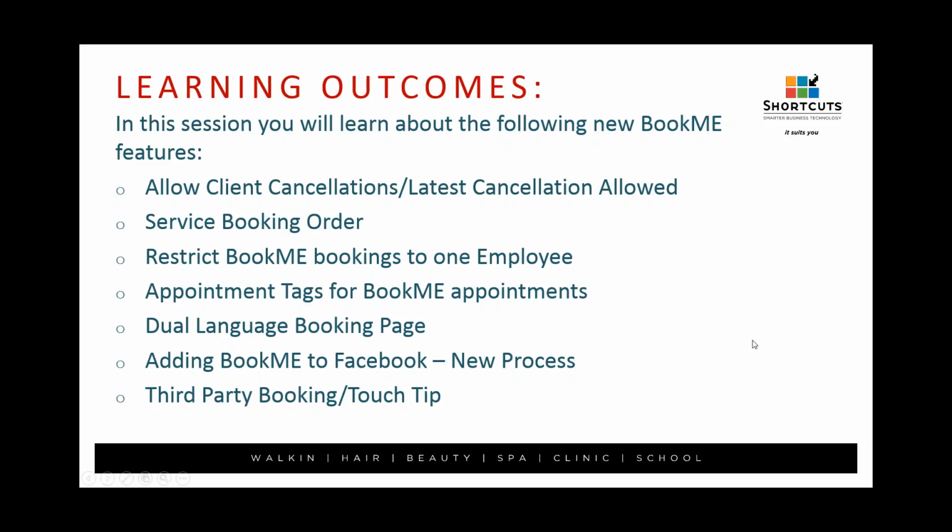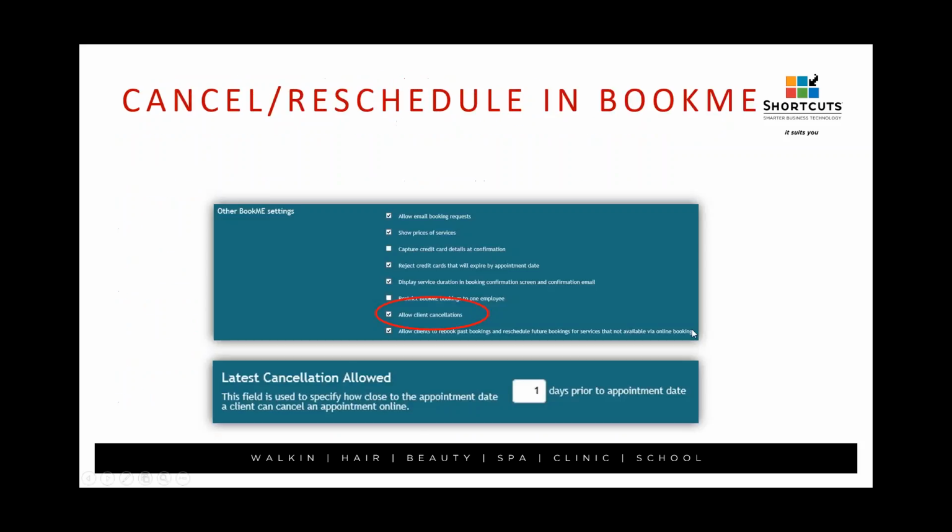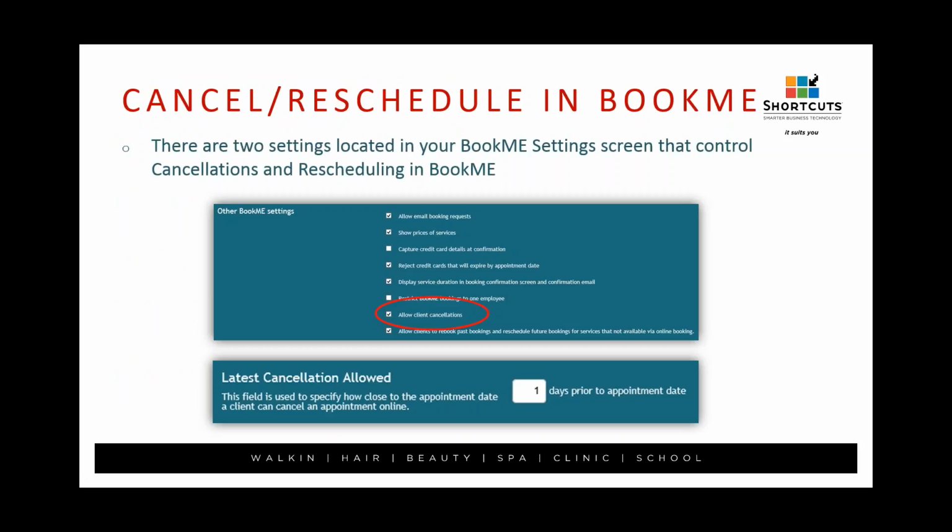The first one we're going to talk about is canceling and rescheduling in BookMe. There are two settings located in your BookMe settings screen that control cancellations and rescheduling. The first one, a little checkbox under the other BookMe settings, is called Allow Client Cancellations. Clients are only able to do this if you have this turned on.